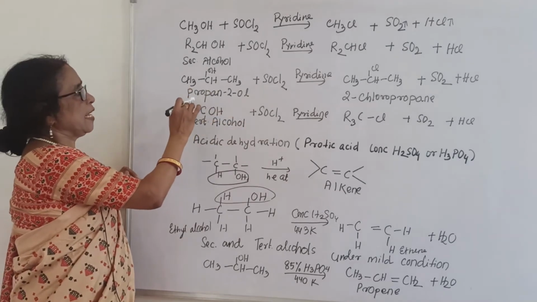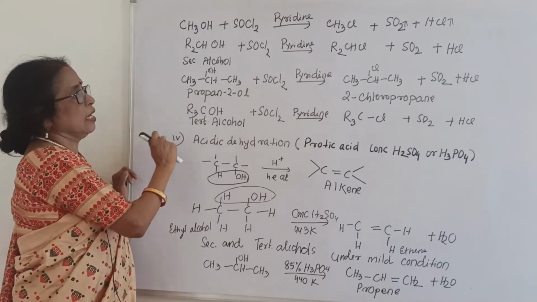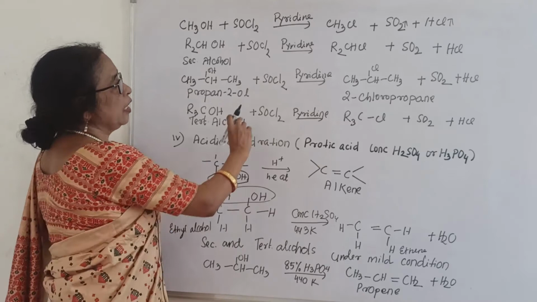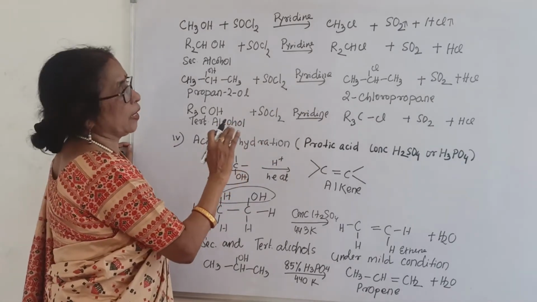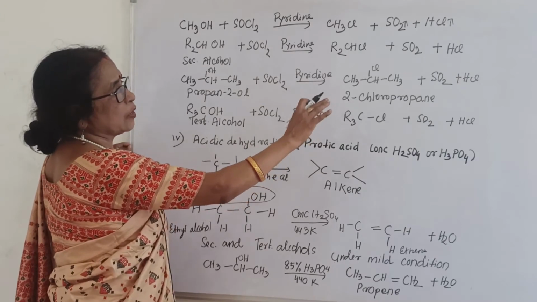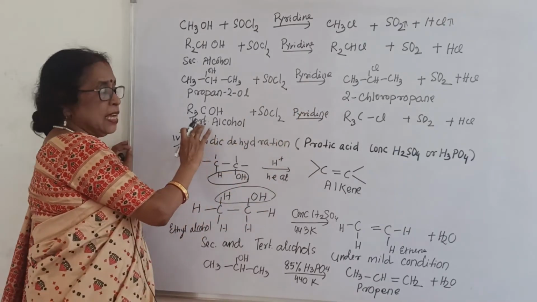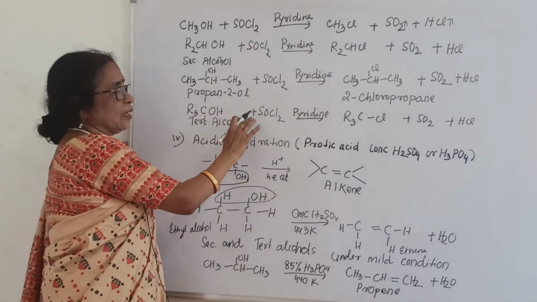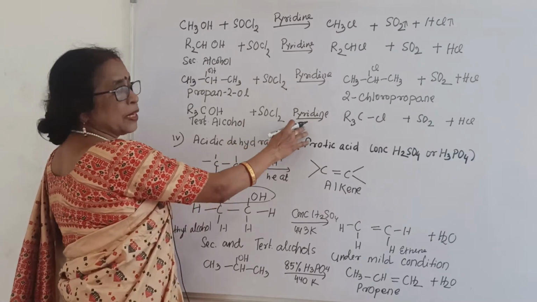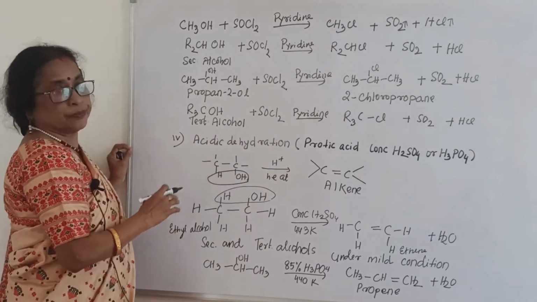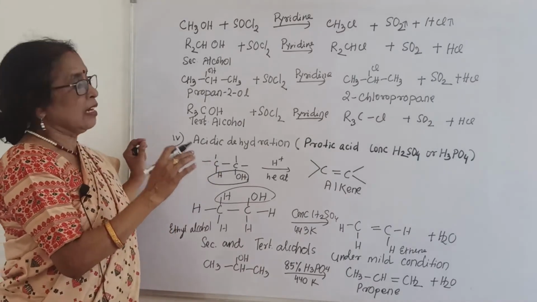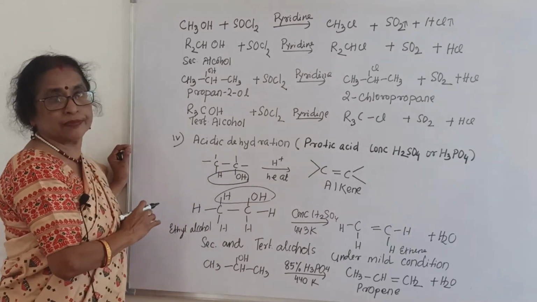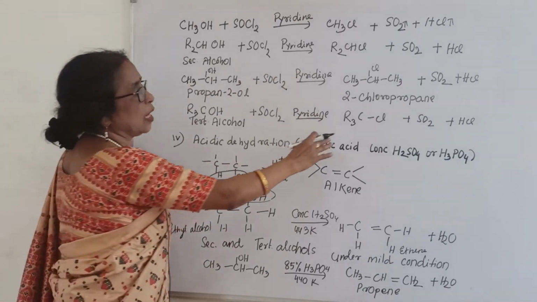It is called isopropyl alcohol, and in IUPAC name it is called propan-2-ol. It reacts with thionyl chloride and pyridine. It gives 2-chloropropane, SO2 and HCl. Similarly, a tertiary alcohol also reacts with SOCl2 and pyridine. It gives R3CCl, a tertiary alkyl group, that means three alkyl groups with your halogen.